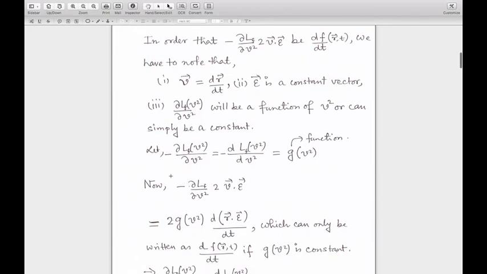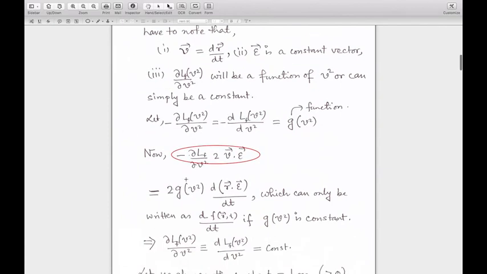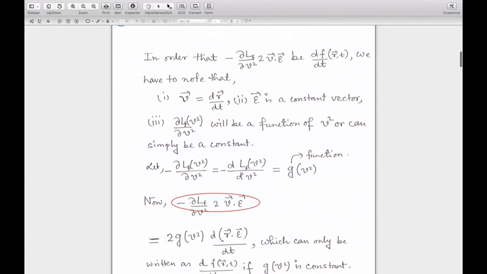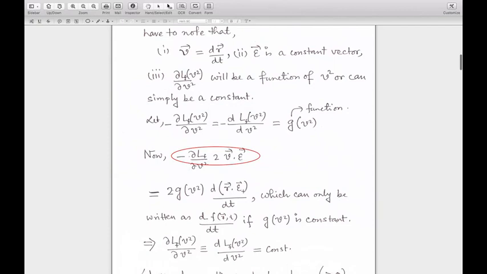So this extra term can now be written as 2 g(v square) times d/dt of (r dot epsilon), because epsilon is constant, so it can be taken inside. So 2 v dot epsilon can only be written as d/dt of (r dot epsilon). This is already a d/dt of a function of r and t. T is not there, but r at least.